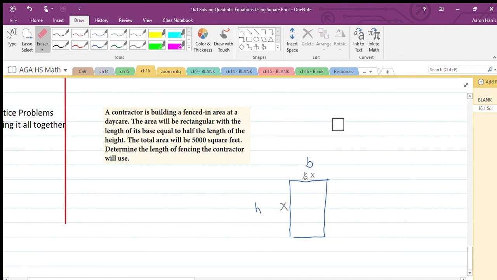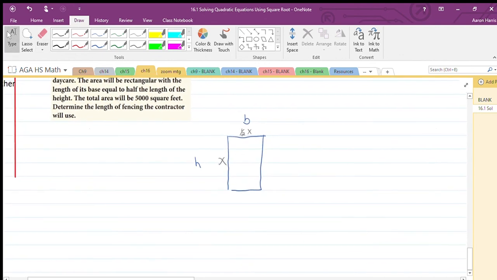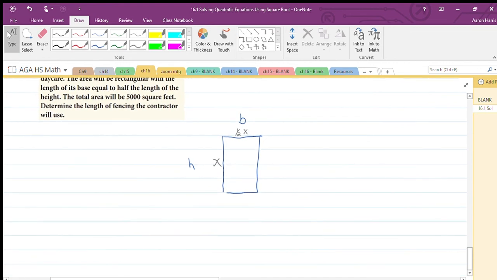Okay? So how do I find the area of this rectangle? Well, area of a rectangle is area equals the base times the height. We already know that the area is equal to what? 5,000. So I can fill in 5,000 for area. The base is equal to what? 1/2 x.